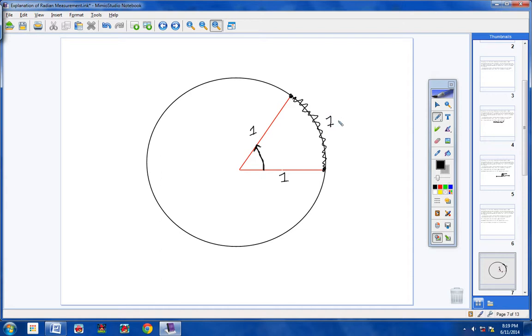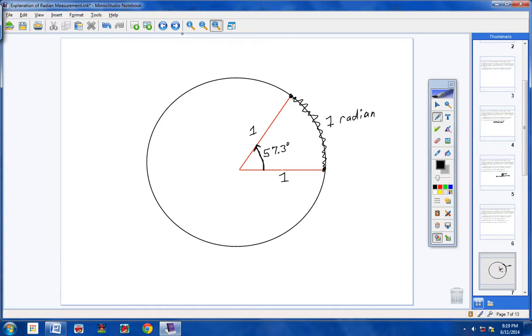Now, by the way, I'm going to explain later where we get the 57.3, but this would be 1 radian, and so this measurement right here would be 57.3 degrees. Okay, now again, I'm going to get into why later.